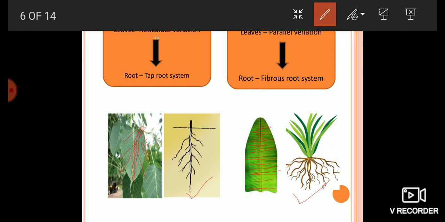So there is no need to dig the soil and remove the plant and then look at the roots to see what kind of root system it has. You can just look at the leaf and see the type of venation and interpret which kind of root system it has.